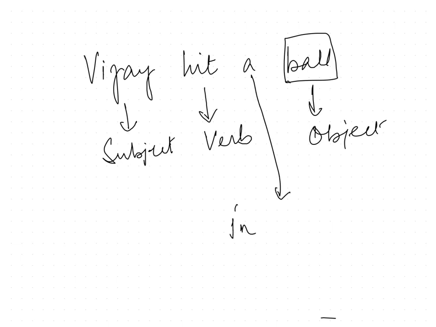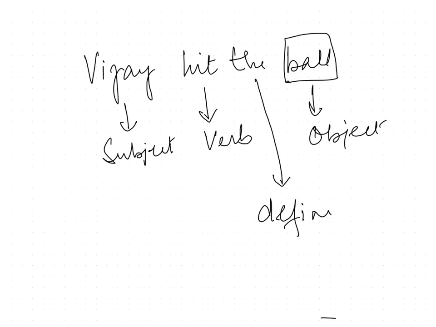A is an indefinite article. Okay, an indefinite article. It could be a ball, means there's no particular ball, it could be any ball in that sense. But the moment I say Vijay hit the ball, it becomes a definite article. Therefore, it is a particular ball that we are talking about in this particular scenario.